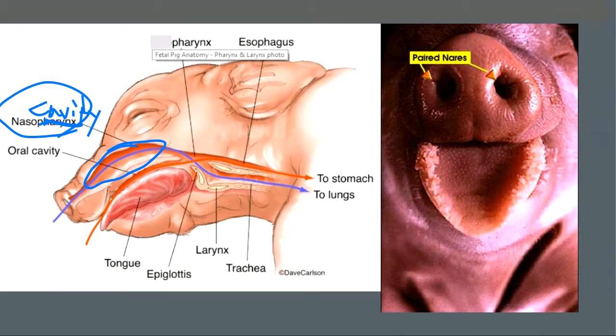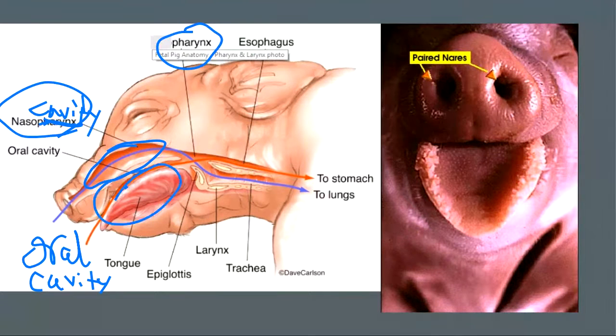And that leads to an opening, which is the pharynx. And you have the oral cavity, the opening of the mouth, which is this. And that leads to the same opening.